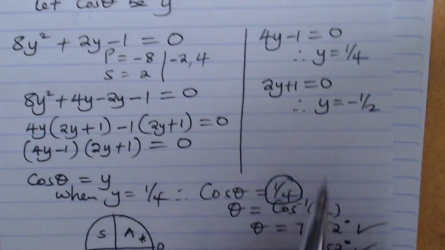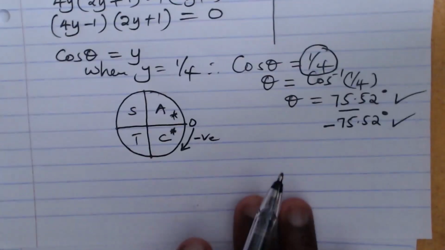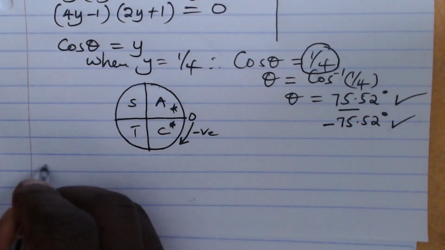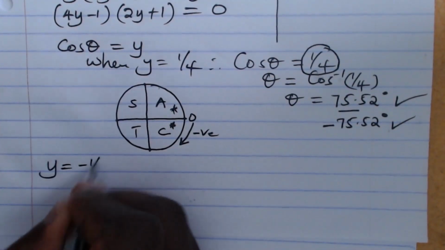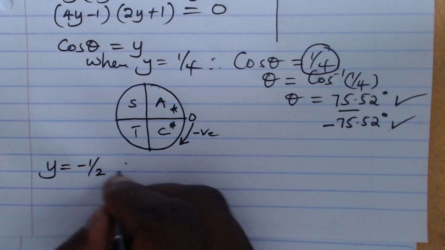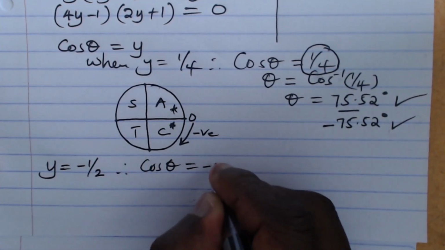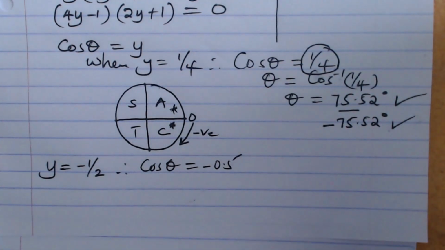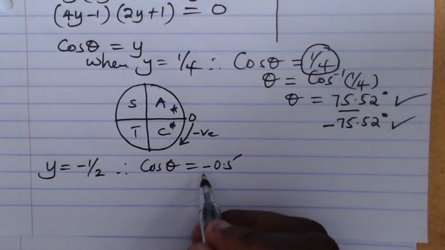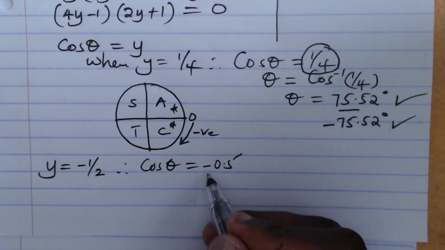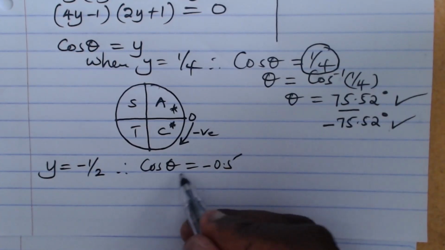The other one was y equals negative a half. But you know y was cosine. So this means that cosine theta is equal to negative a half, which is the same as negative 0.5. So what does this negative imply? We are going to consider the quadrants where cosine is negative.